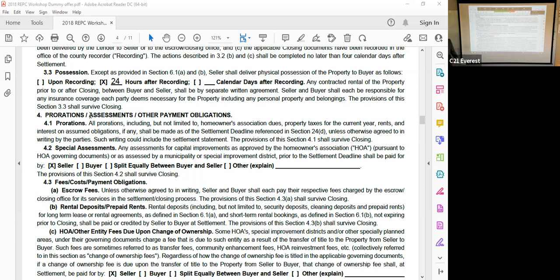His thinking is he wants the seller to not feel pressured to get out of the property, which is fine. Just know it's all negotiable, whether you do a number of hours or a number of days after recording.